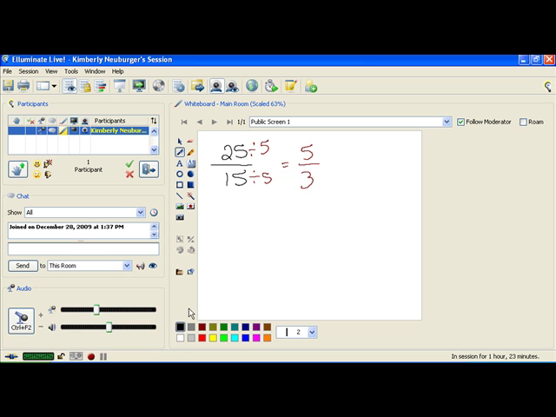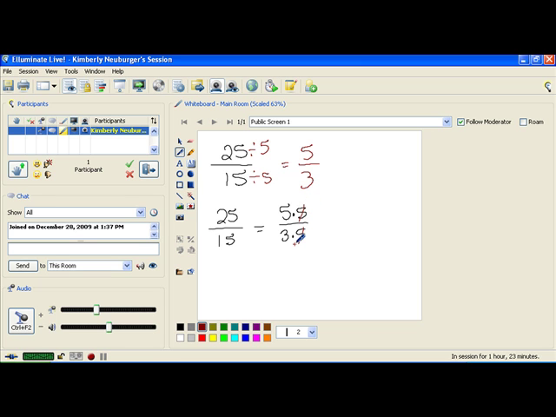Now, another way to think of this is to take the 25 over 15 and split the 25 into its factors of 5 times 5 and 15 into its factors of 3 times 5. When you have a number divided by itself, you get 1. So you can think of this 5 over this 5 here as just 1.